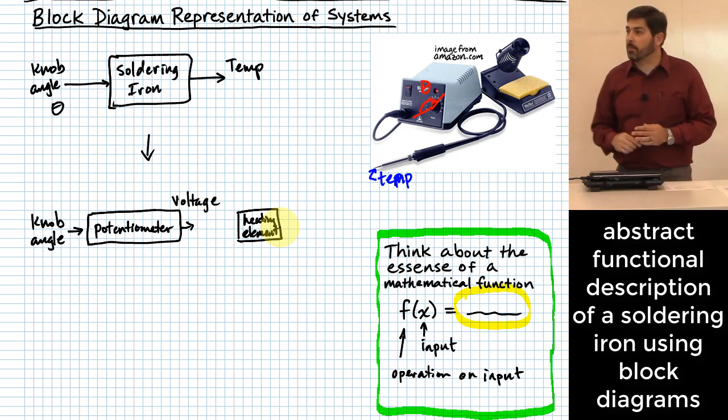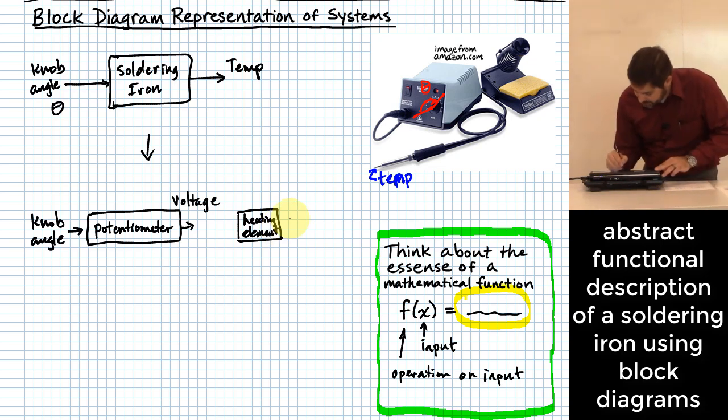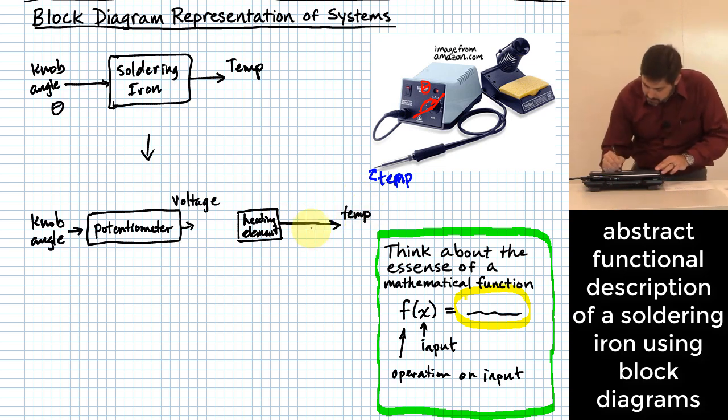So the way this thing probably works is that it probably has some kind of a sensor in the tip, right? So let's say what comes out of this heating element is a particular amount of temperature. What we might want to do is measure that temperature using some kind of a sensor.